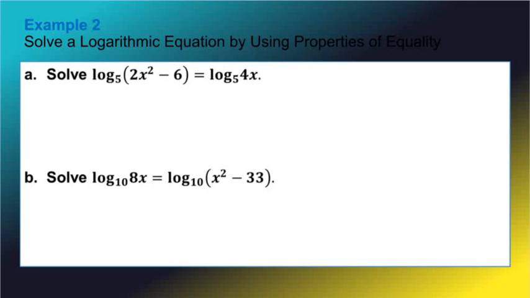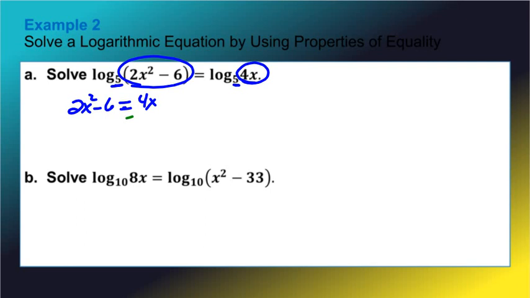Next, solve these using properties of equality. So again, we have the bases of our logarithms equal. That means the rest are going to be equal. So I have 2x squared minus 6 equals 4x. And now I'm going to solve this quadratic. In doing that, I'm going to make everything equal to 0.